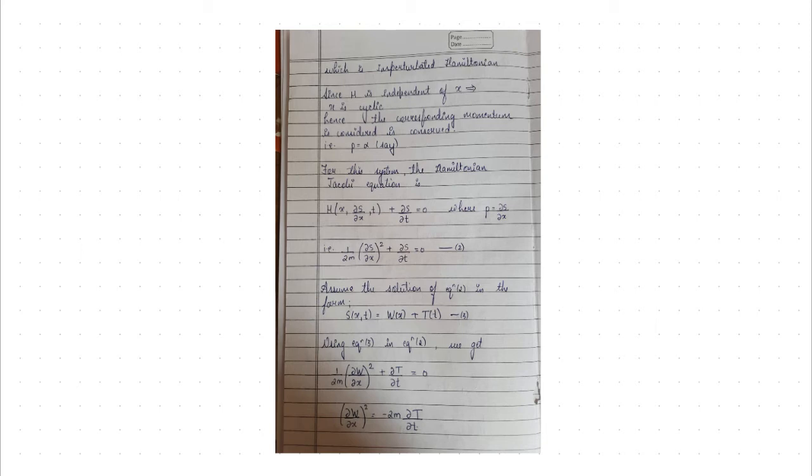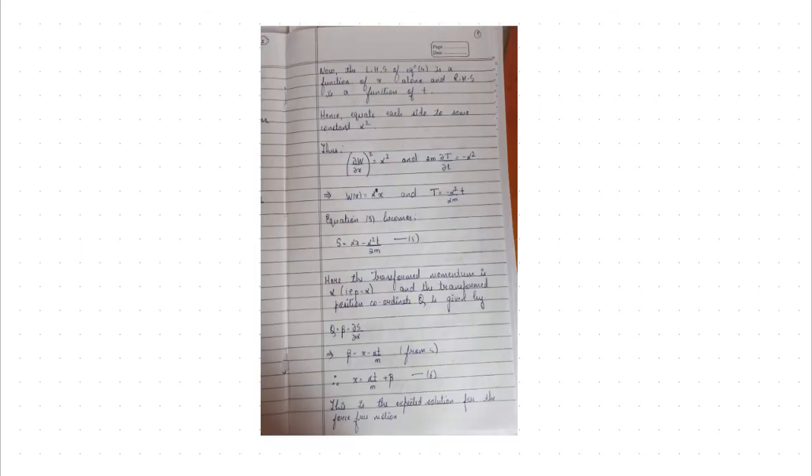So for the left hand side the right hand side is constant, and for the right hand side the left hand side is constant. So basically we will equate this to some constant, say alpha square. All the quantities, the left hand side and right hand side, we will equate to alpha square. So (del W by del x) square equals alpha square, and 2m del T by del t equals minus alpha square.